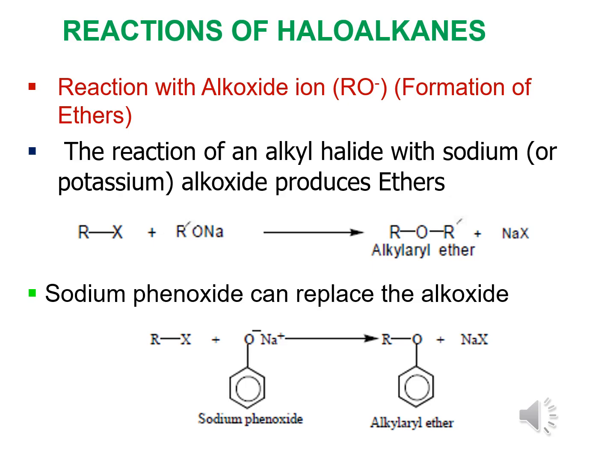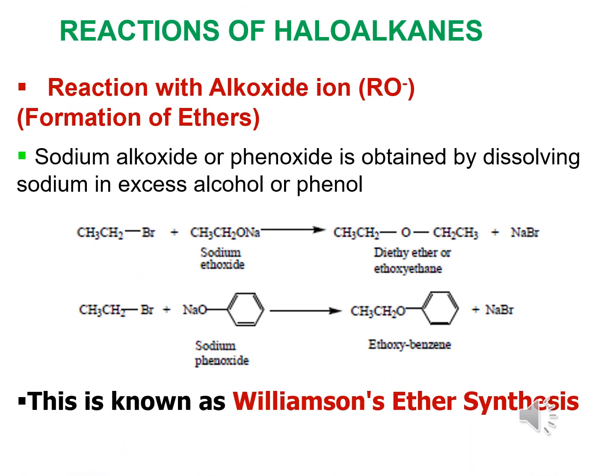The same thing happens with phenoxide. This method is used in preparing ether. The method is also known as Williamson ether synthesis. In Williamson ether synthesis, only primary alkyl halide or methyl alkyl halide are useful. Secondary are problematic and tertiary are never possible.